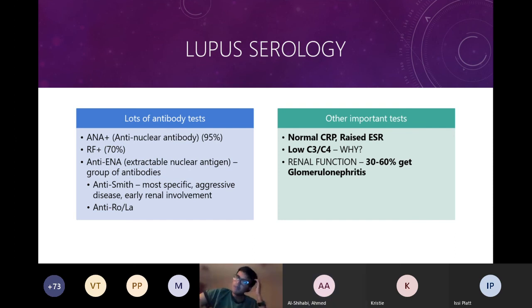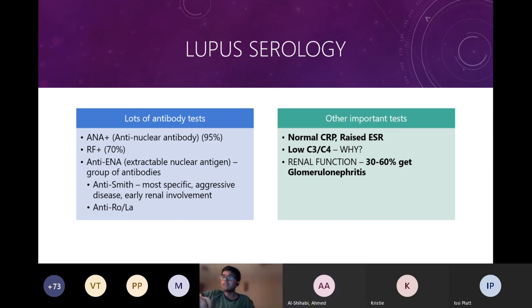A lot of them tend to be rheumatoid factor positive as well. Then the important specific antibodies are a group called the extractable nuclear antigens. If you get antibodies against those, you're much more likely to have lupus. Anti-Smith is the most specific and shows aggressive disease. These people do not do well.